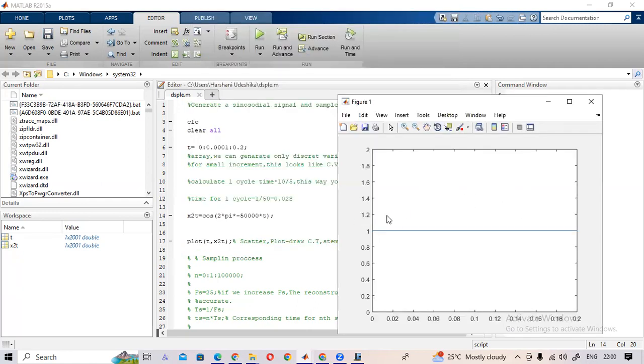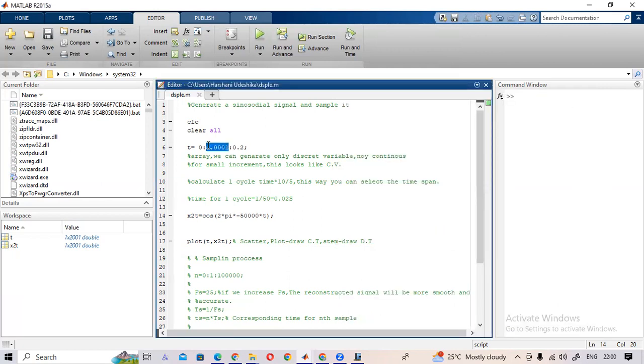So you can see that now the frequency is very high, that means one cycle time is very low, and this gap is not inside one cycle time.